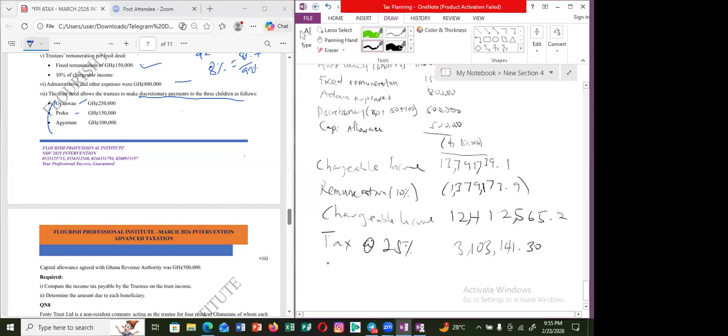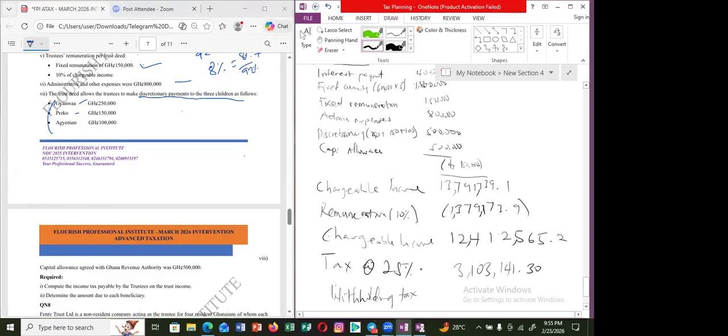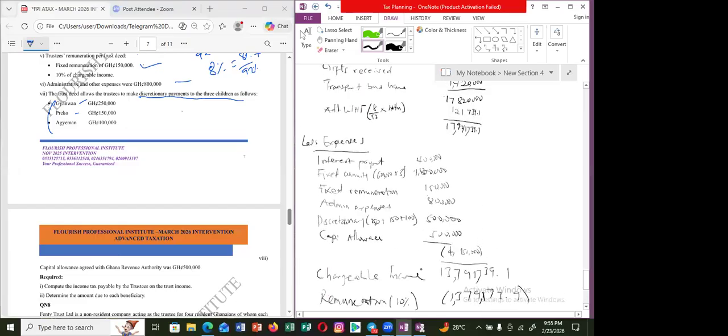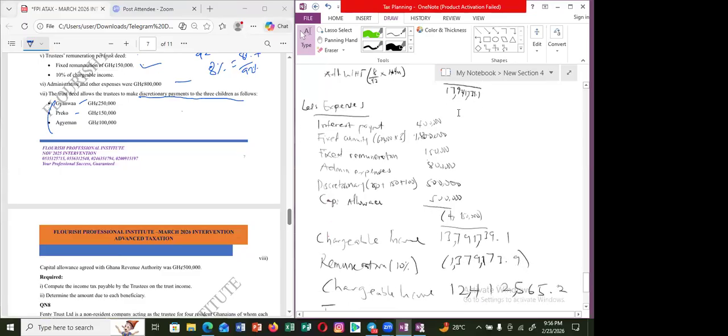And then remember the withholding tax, that's the interest part. Because interest withholding, once you pay it, you have to be allowed the tax credits, right? What was the withholding tax on the interest? Yeah, the tax is the 121,739.1.